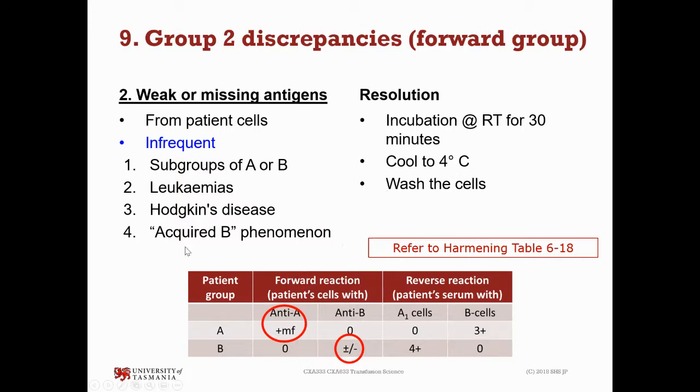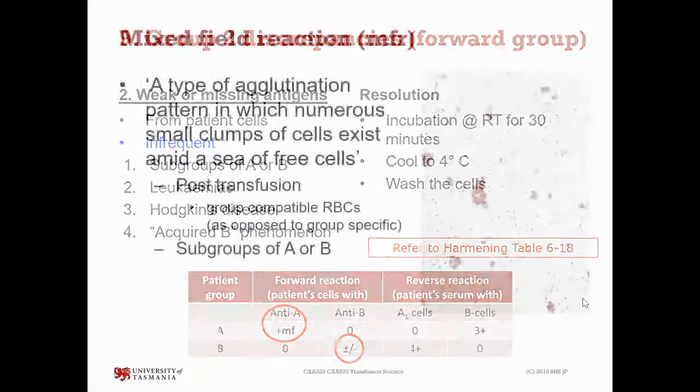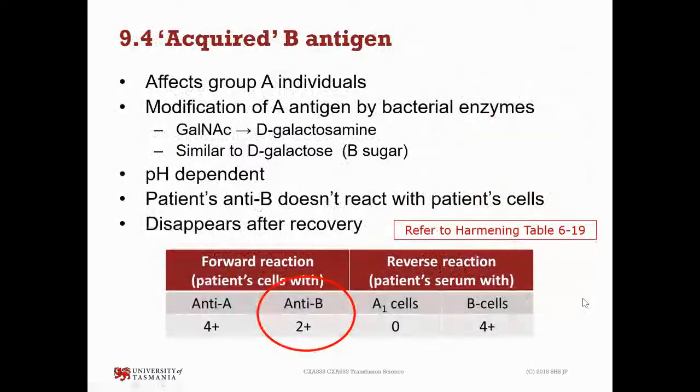The other thing that can occur, and this is really quite unusual, but because you're learning about discrepancies, you need to know about it, is something called the acquired B phenomenon. The acquired B phenomenon occurs in group A individuals, and it usually happens when you've got some sort of bacterial infection in the digestive tract.